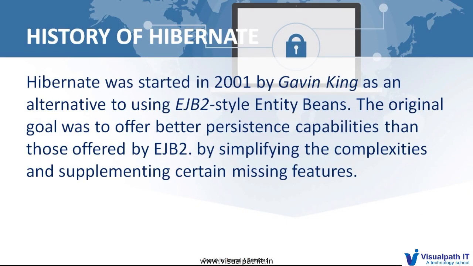In 2001, Gavin King and team developed EJB2 style entity beans. That is the main concept of ORM tools, but the problem is that EJB2 style entity beans are a little bit complex to implement, and when we deploy these EJB entity beans, we must have an EJB container.